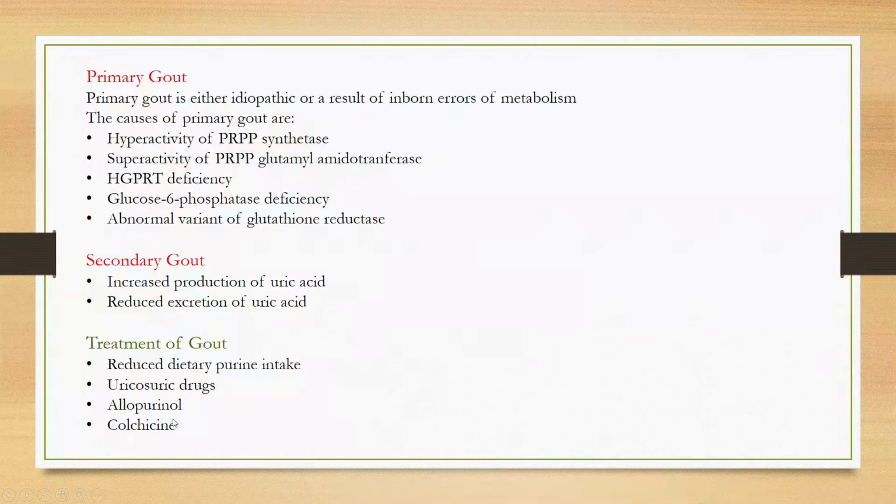Another drug is allopurinol. Allopurinol is an analog of hypoxanthine, and it is a competitive inhibitor of xanthine oxidase. Xanthine oxidase converts hypoxanthine to xanthine and xanthine to uric acid. Xanthine and hypoxanthine are more soluble, so they are excreted more easily.